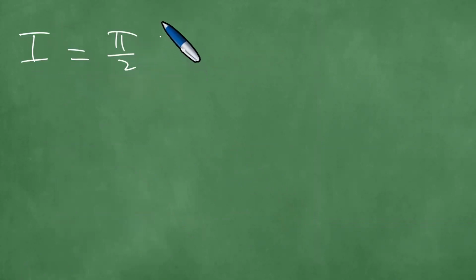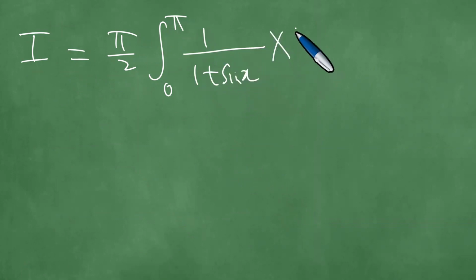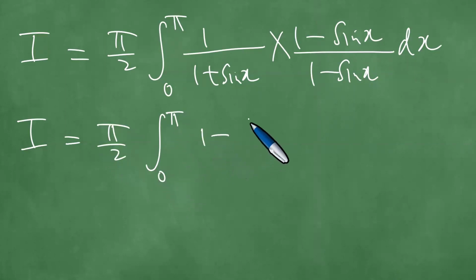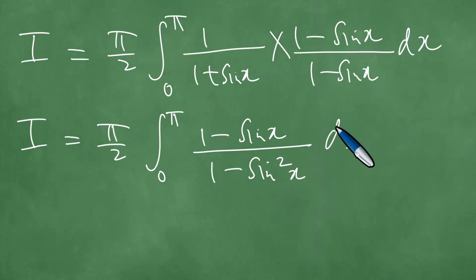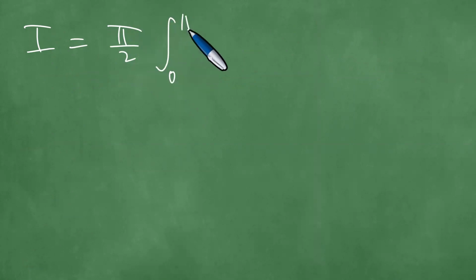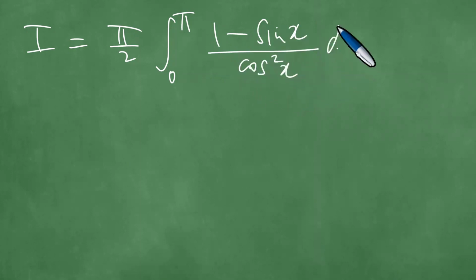I equals pi over 2 times the integral from 0 to pi of 1 over 1 plus sine x, multiplied by 1 minus sine x over 1 minus sine x, dx. The denominator becomes a difference of two squares, 1 minus sine squared x, which is cosine squared x. So I equals pi over 2 times the integral from 0 to pi of 1 minus sine x over cosine squared x dx.